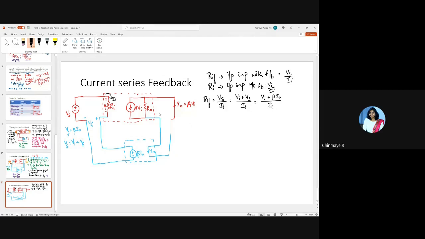But what is I naught? I naught is nothing but A times Vi. Correct? So I can write this as Vi plus A beta times Vi by II. So therefore, RIF will be equal to, taking Vi common in the numerator, Vi by II into 1 plus A beta. That's nothing but Ri into 1 plus A beta.